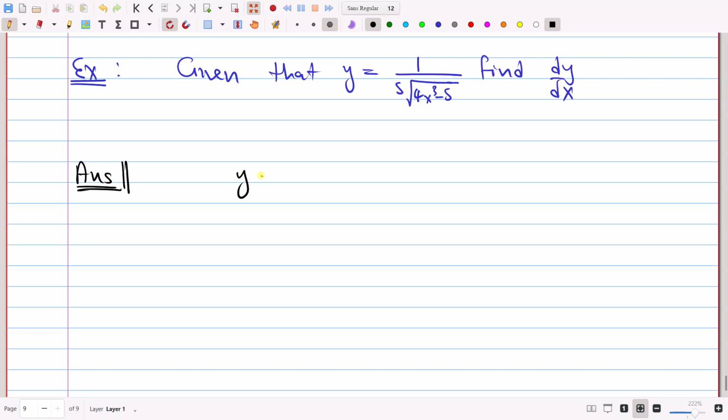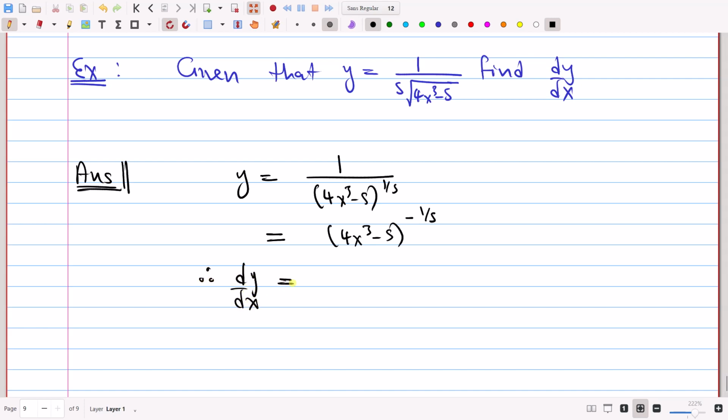The first thing is we can recognize that this y can be written as 1 over 4x cubed minus 5, all to the power 1/5. And then this can further be written as 4x cubed minus 5 to the power minus 1/5. So now, what is dy dx? To find dy dx, first we take the power and bring it down, so we bring down minus 1/5.